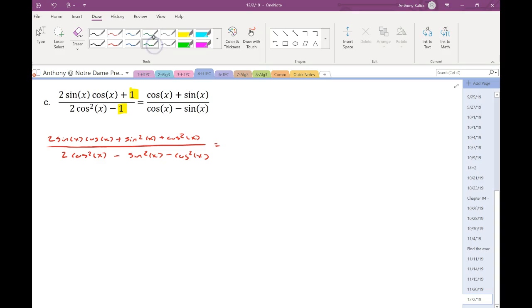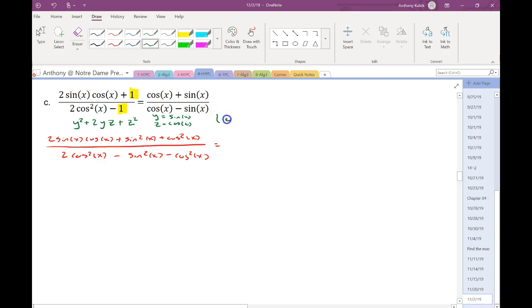Now, if I look at the numerator, this looks like a quadratic to me. So this looks like the quadratic y squared plus 2yz plus z squared, where y is sine x and z is cosine x. You guys kind of see that?